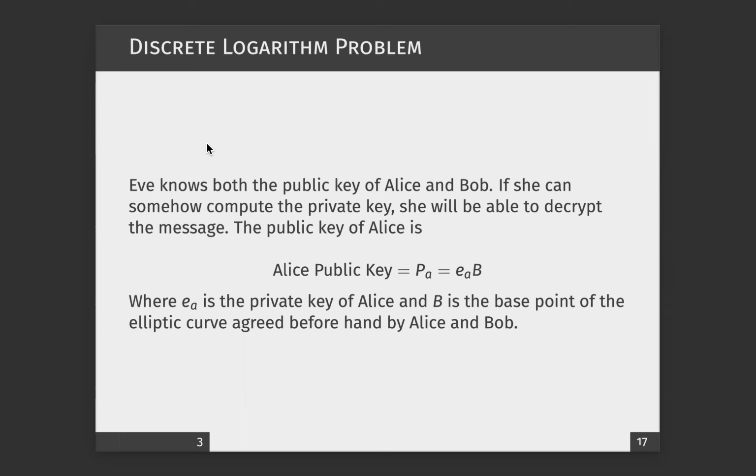In this case, the public key of Alice is symbolized as P_A, which is equal to E_A times B, where E_A is the private key of Alice, which is a number, A is for Alice, and B is the base point of the elliptic curve.